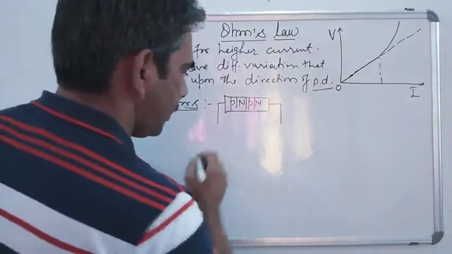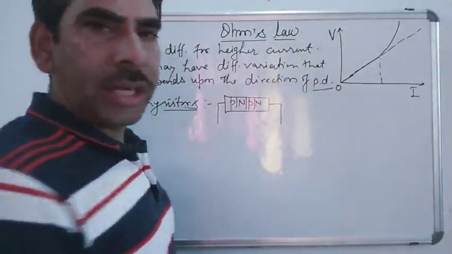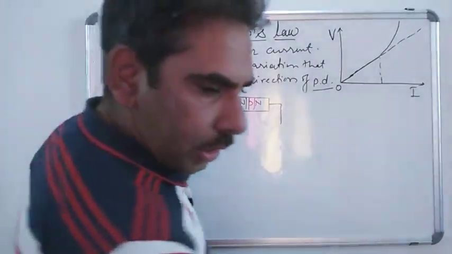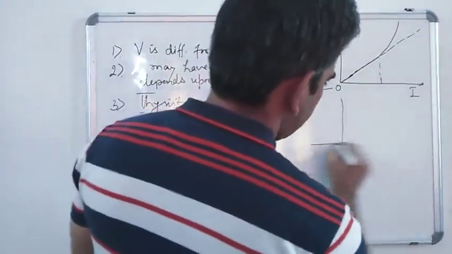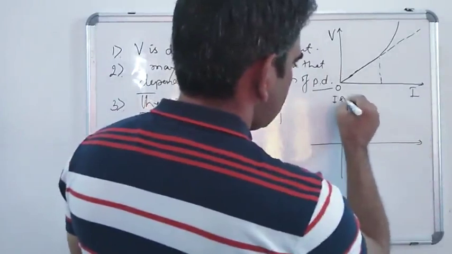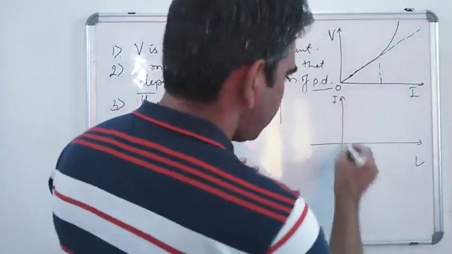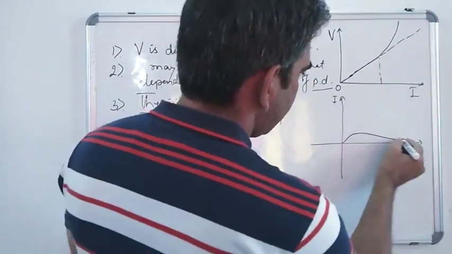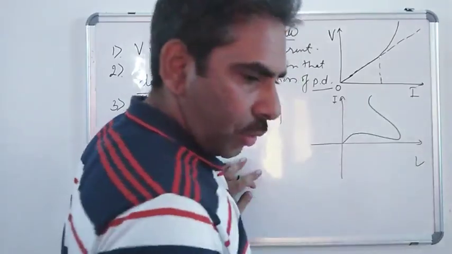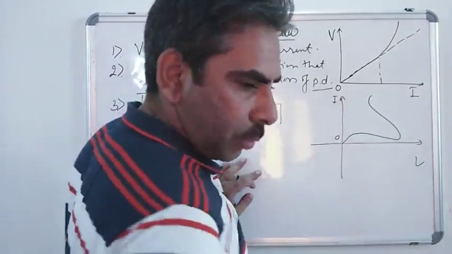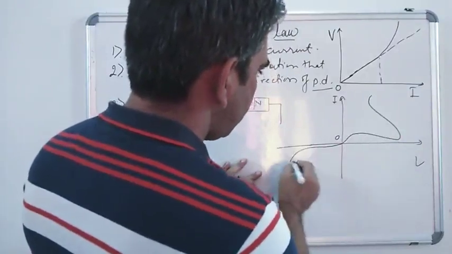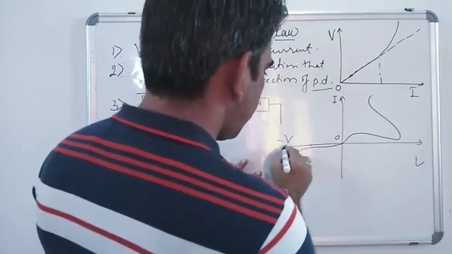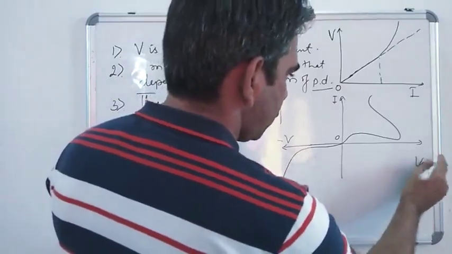In such cases it happens that with an increase in potential, the current decreases. So this is the graph for such kind of situations. The graph is very similar to this slide for positive potential, and if we apply the potential in the opposite direction, the graph is like this. So this is negative potential and this is positive potential.